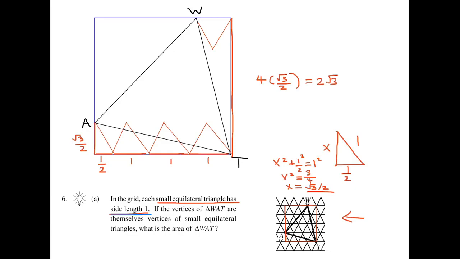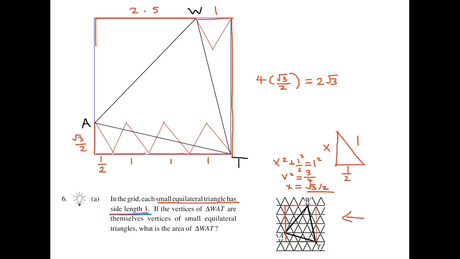which is just 2 root 3. All right? And this we can label as 1, and this we can label, let's see, it would be 2.5, right? So 2.5.